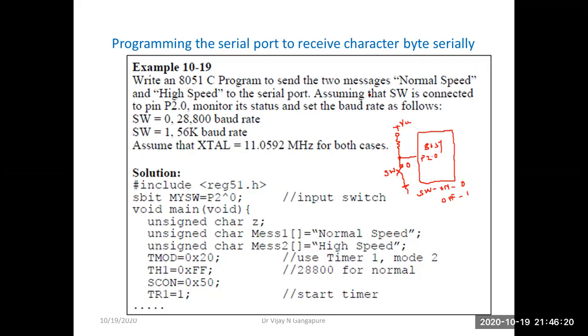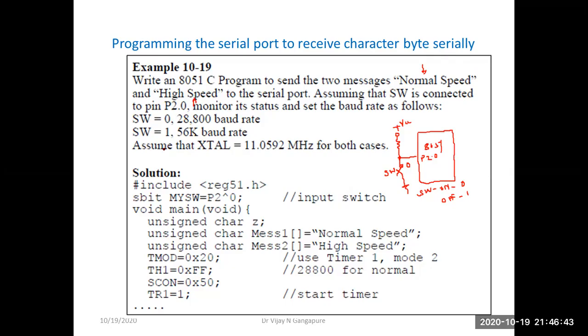Okay, and so what we have to transmit: if SW is equal to 0, we have to transmit the message normal speed, and if the switch position is equal to 1, then we have to transmit the message high speed.